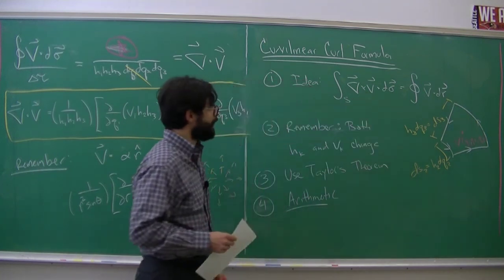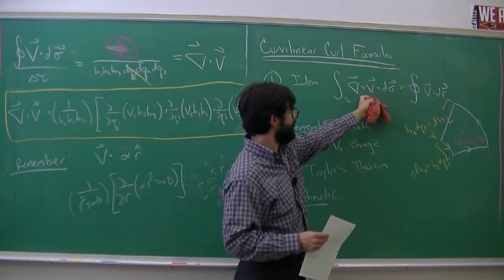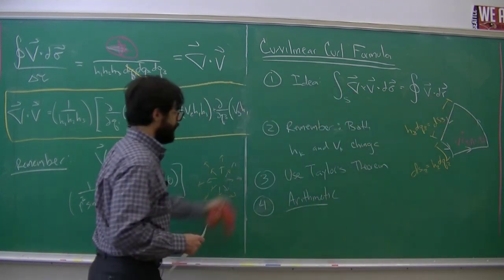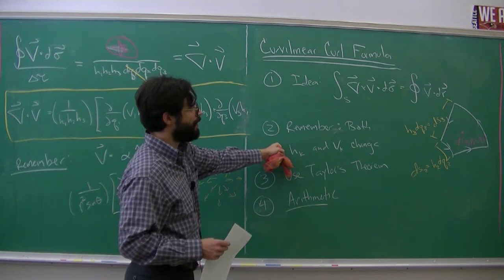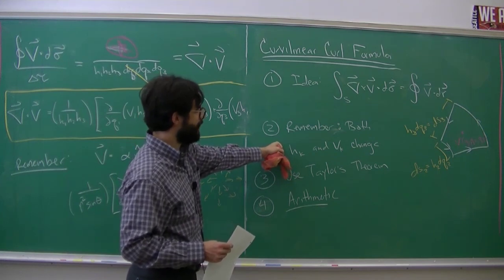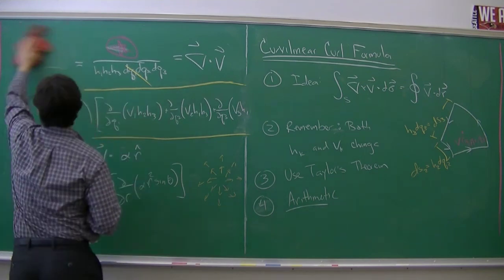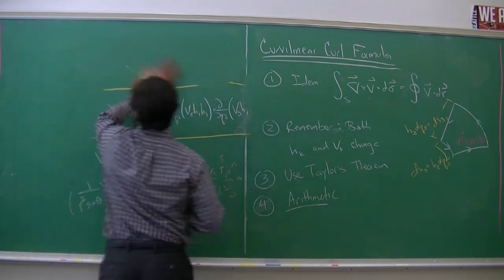Apologize for saying that. So you can use the fundamental definition of this geometrically, or you could use that. But the important part is you got to remember that when you move to the edges of the surface or the line integral, both of these things change. And the rest is just Taylor's theorem and a lot of algebra. Okay. And what you'll get is this.